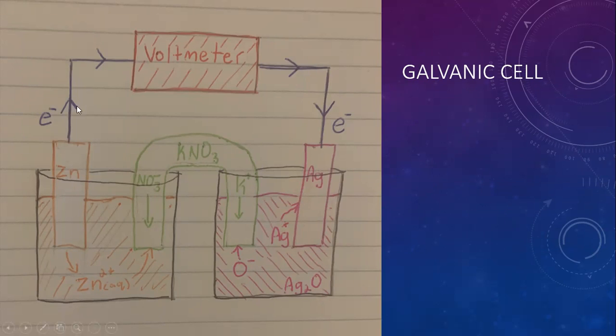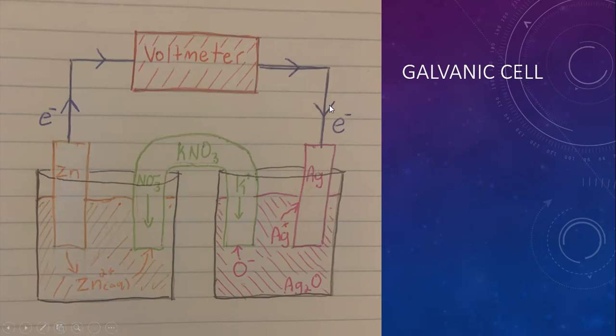In this process, the anode will lose the electrons and it will lose its mass as the solid. So the zinc ions here will go into the solution, and the solution will gain a more positive charge. And as well, this will lose electrons.